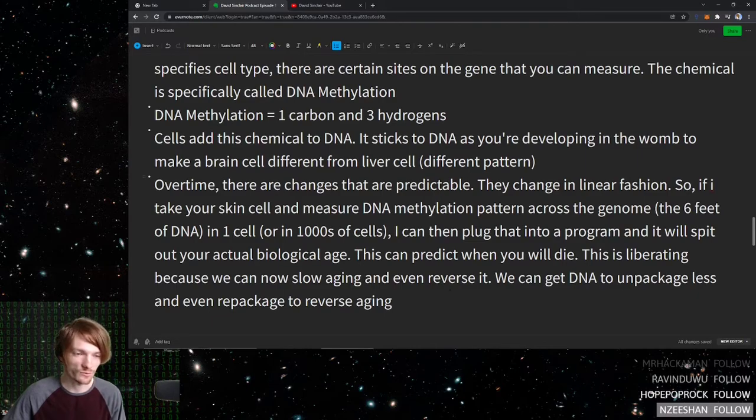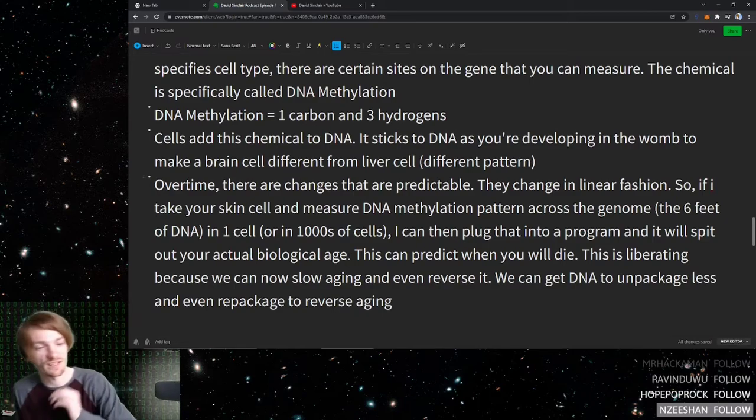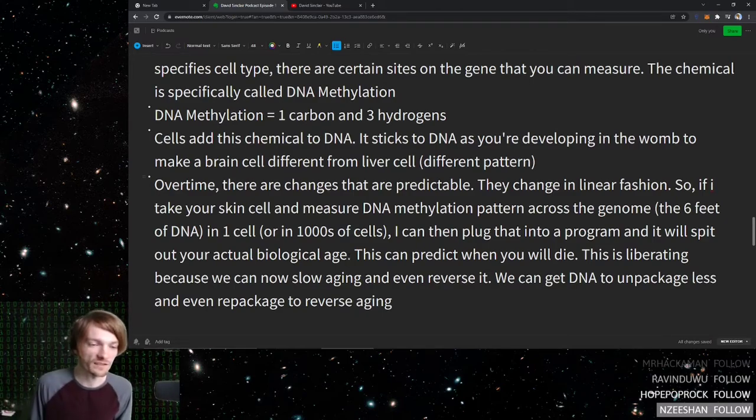Which is so interesting. Because this DNA methylation changes in a linear fashion, and it's consistent across all cells in living organisms. So this means you can literally measure aging. Sorry, this is like hitting me again, like how cool that is. I like it because it's like a computer program.